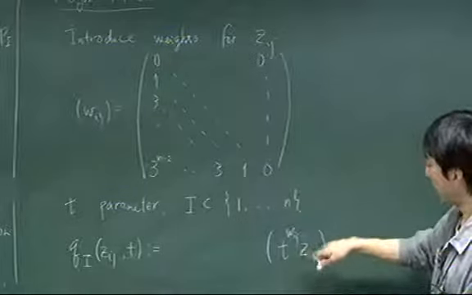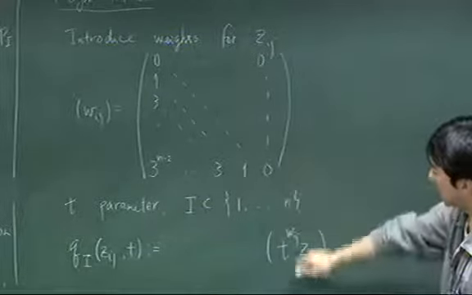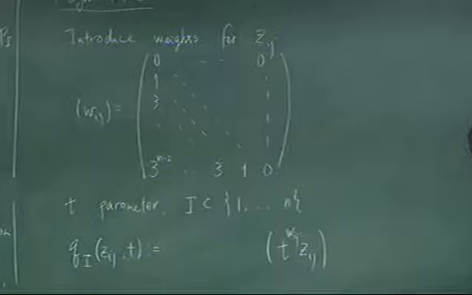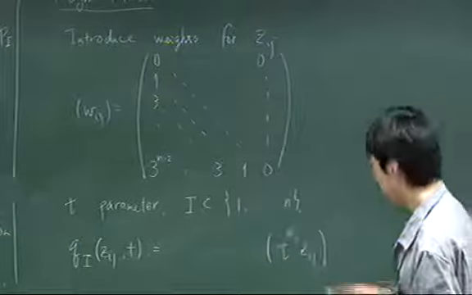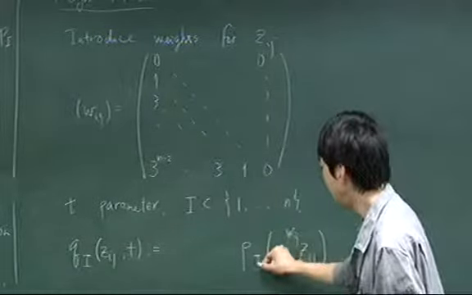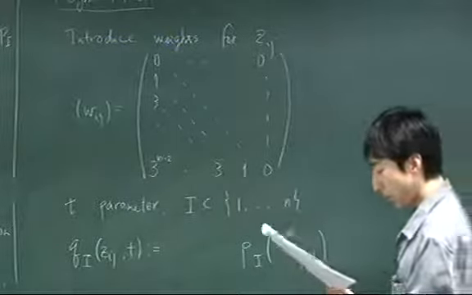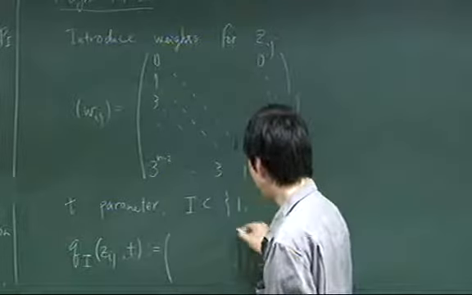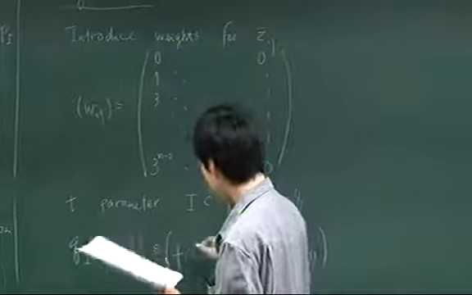Each entry has a weight defined in this matrix. Then take its submatrix and take its determinant, and divide by some monomial in t.